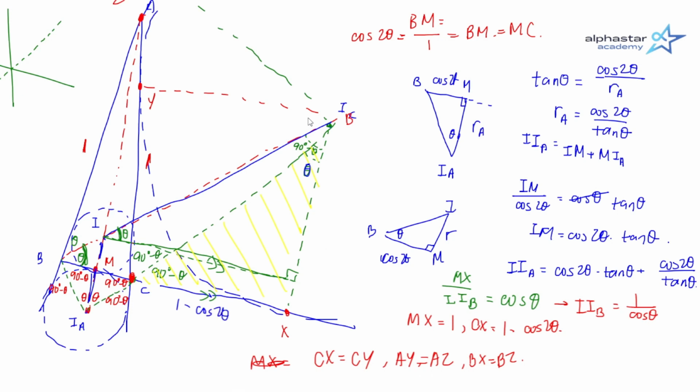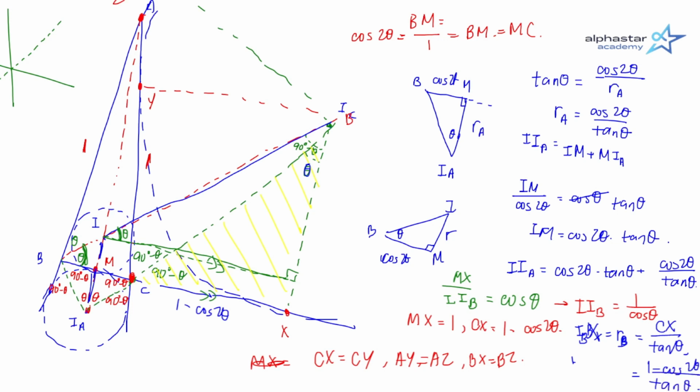So actually this gives us that IBX, which is R sub B, is equal to CX over tangent theta, because tangent theta is CX over R sub B. So therefore, this is just equal to 1 minus cosine 2 theta divided by tangent theta.